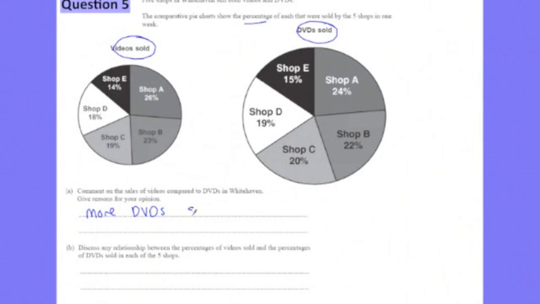How do we know? Because the size of the DVD pie chart is bigger. The area is bigger than the video. So here when we're comparing, we can compare the number in the total population. So there are more DVDs being sold than videos.